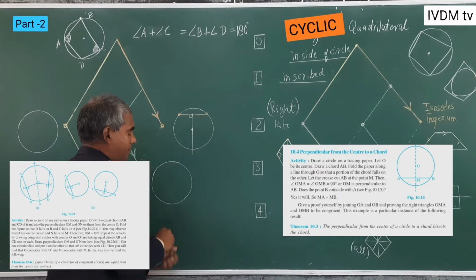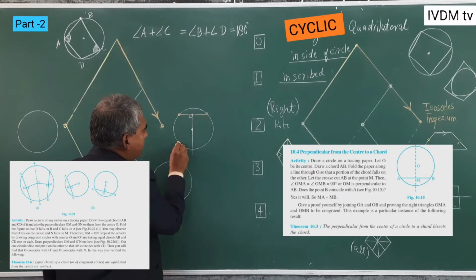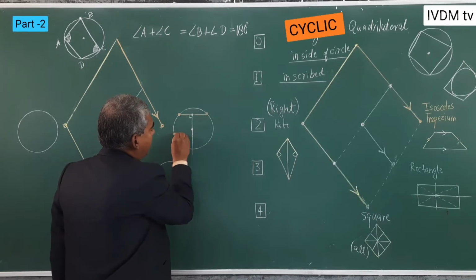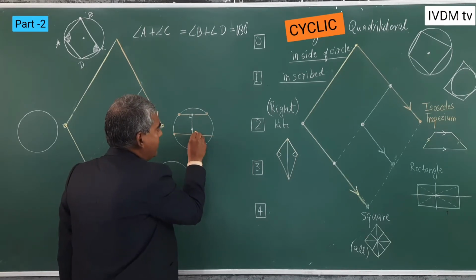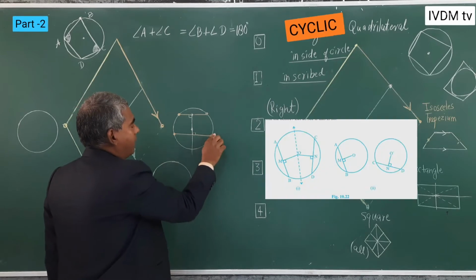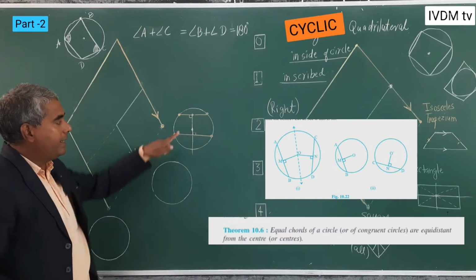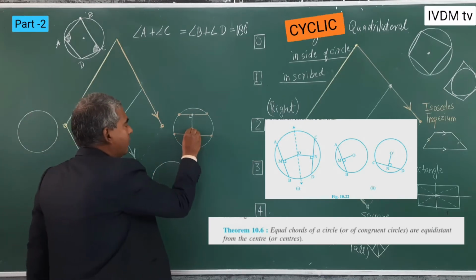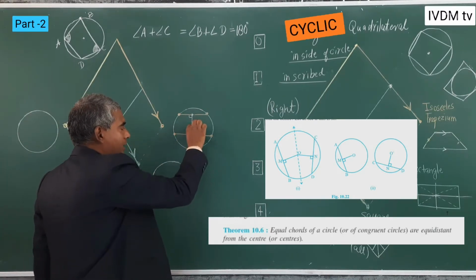Parallel lines may be here, or here also. As I am not talking about the distance being the same, this is the center, this is nearer, and this is far away.